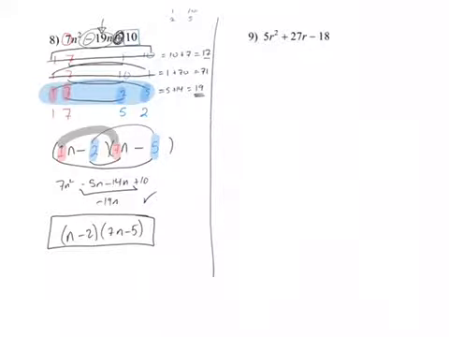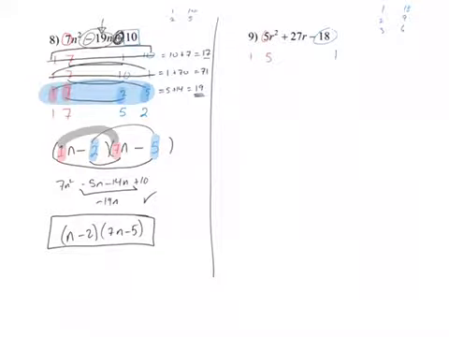Alright, do you feel overwhelmed? Take a deep breath, let's try it again. Here we go, factors of that 5 are simply just 1 and 5. Let's look at factors of 18. Just for simplicity's sake, I have 1 and 18, 2 and 9, 3 and 6, 4 doesn't, 5 doesn't. So those are my options.